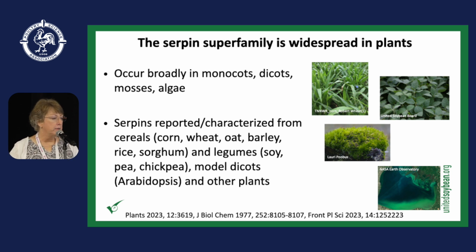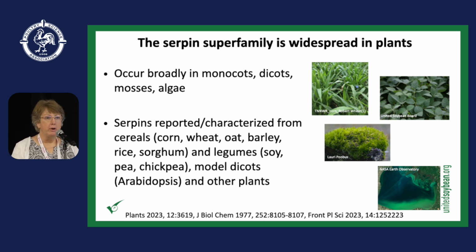So let's narrow down on the serpin superfamily. It's really widespread in plants. Pretty much they occur broadly in monocots, in dicots, in mosses, in algae. Pretty much if you have something that's green, it is going to have a serpin in it.